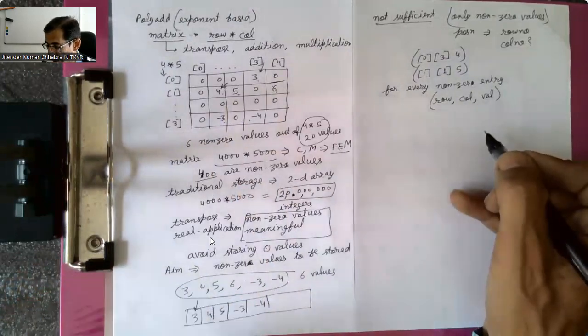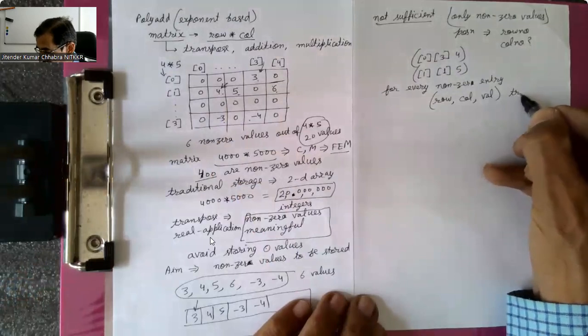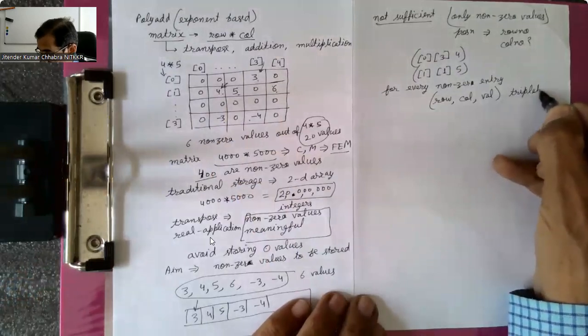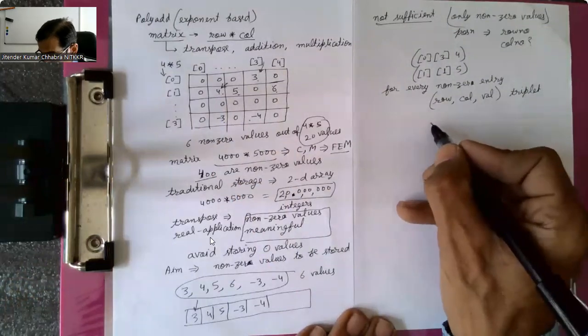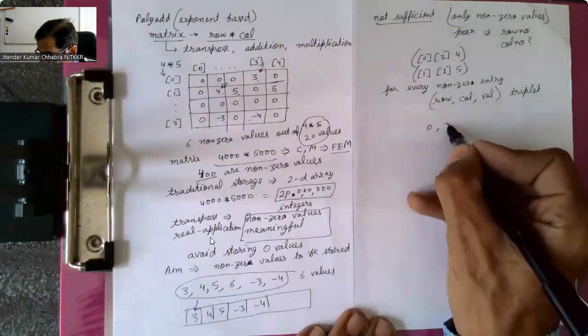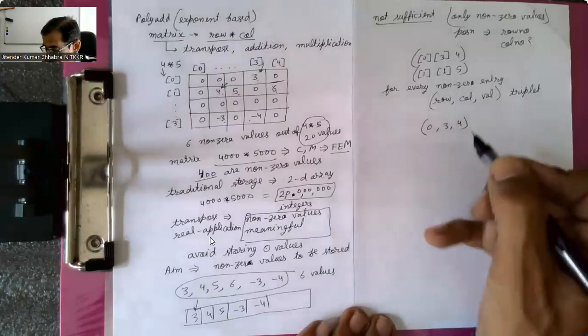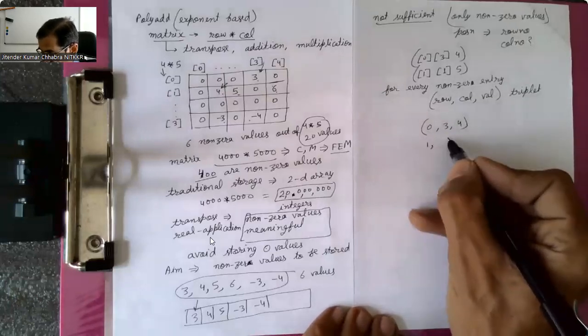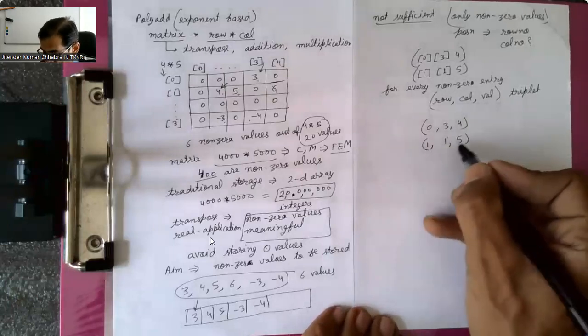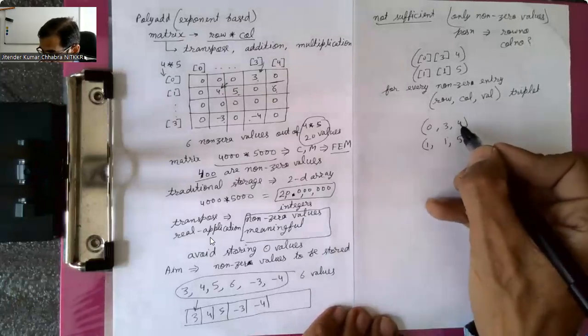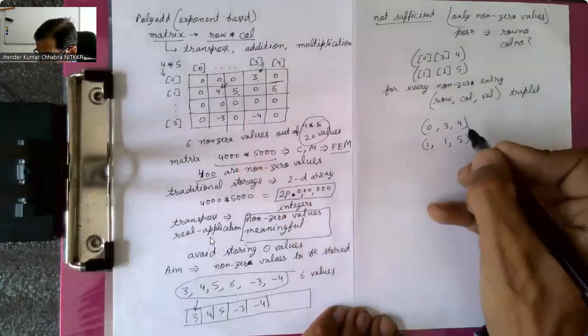These 3 values, I'll say this triplet is needed.